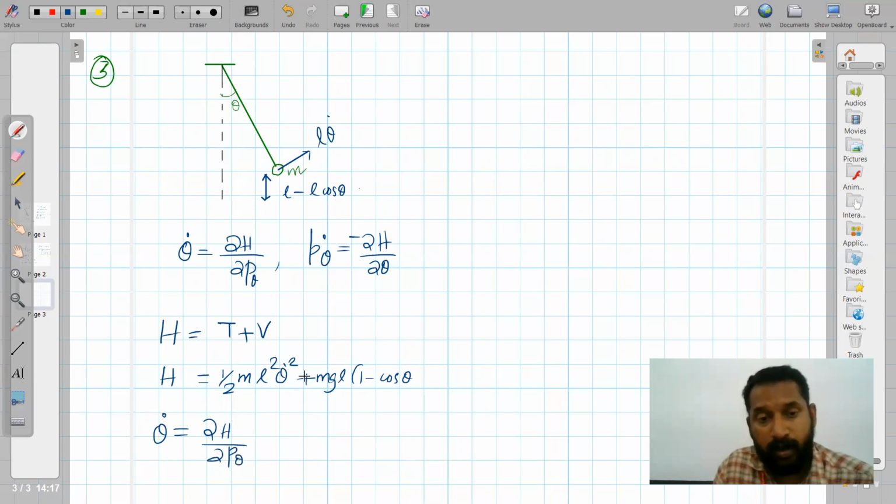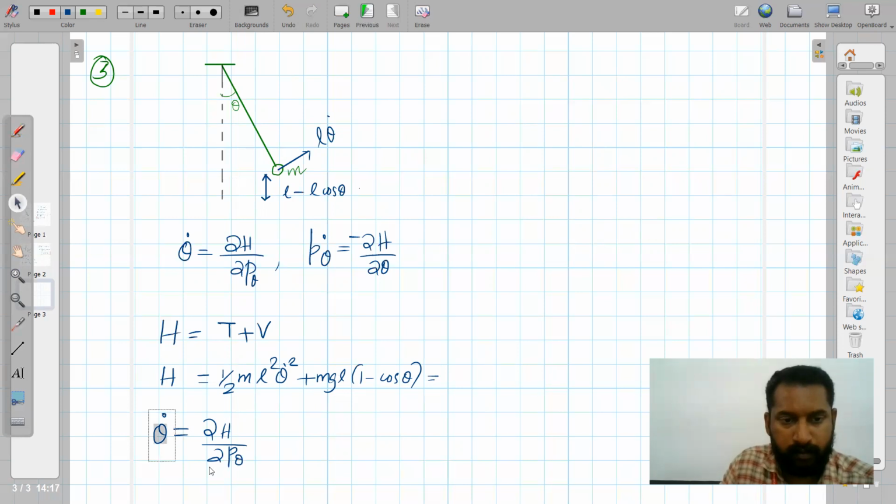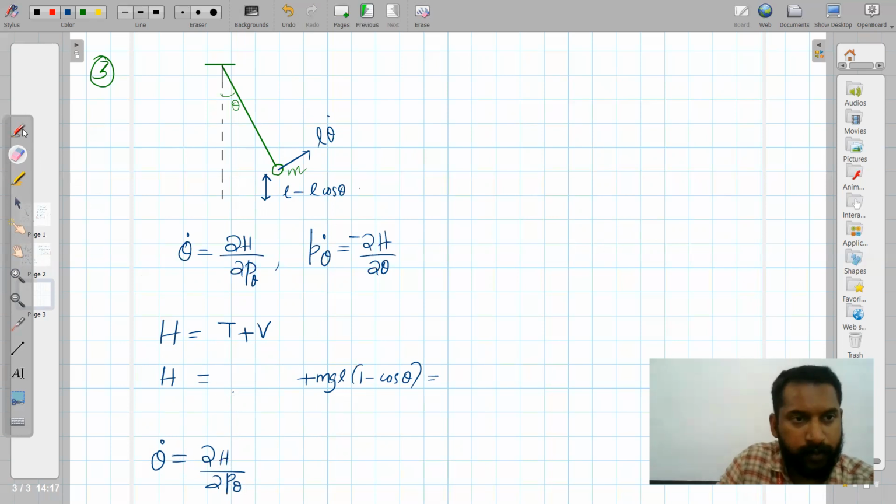Oh, I made a mistake. This is numerically the Hamiltonian, but the Hamiltonian should be expressed in terms of momenta. Actually, this should be p theta square divided by 2m L square.